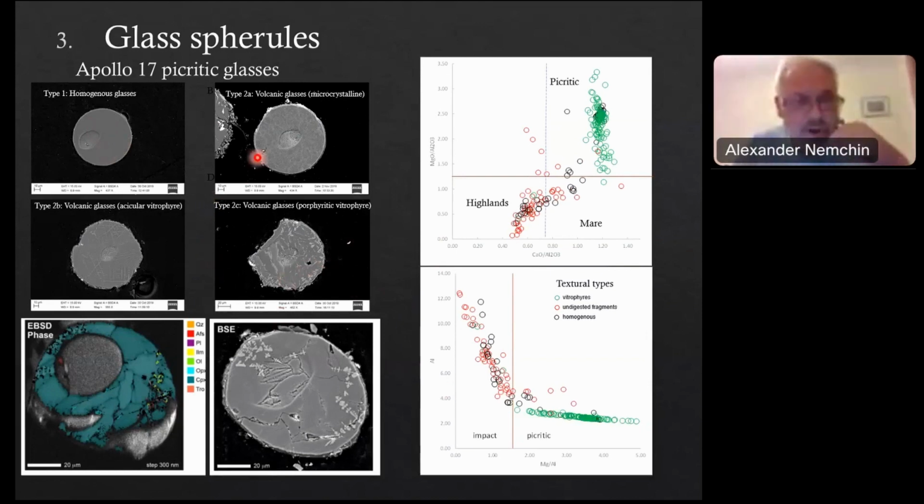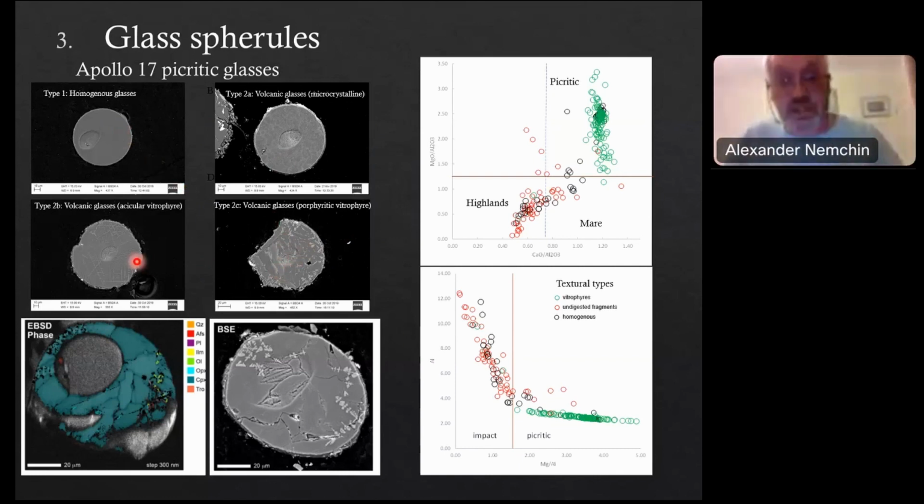Mark Norman, as far as I remember, identified homogeneous glasses and three types of textured picritic glasses: microcrystalline, acicular, and porphyritic vitrophyres. When we started working with glasses, we mostly did homogeneous glasses, which probably was correct.